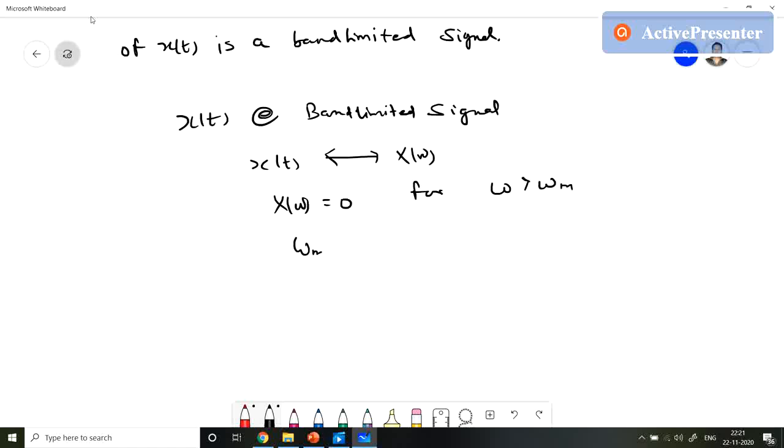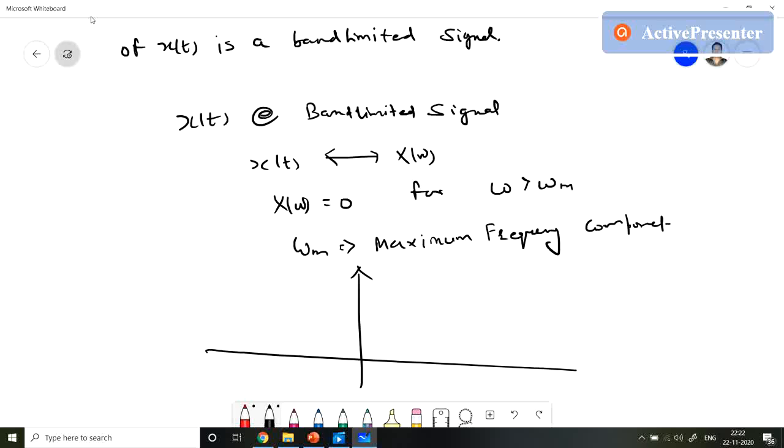And what is omega m? So omega m is the maximum frequency component. So if we plot the diagram, if we have magnitude of X(omega) and on the x-axis we have omega, then the diagram is like this.